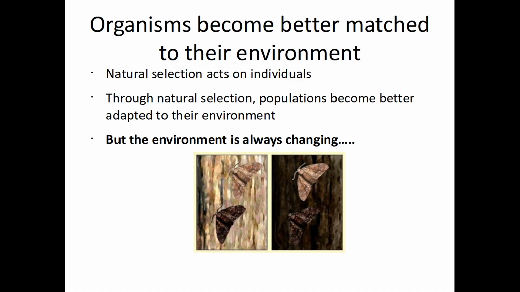they weren't eaten by predators. Well, during the Industrial Revolution in England, the trees began to become covered in coal soot and began to look darker or black. And only the moths that had slightly darker pigmentation survived predation. And so those alleles were passed on.